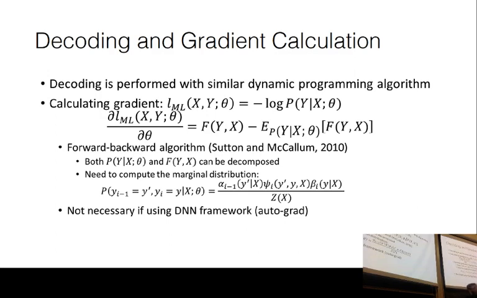Because we would have wanted this probability to be 1, right? The highest probability that a path can have is 1. If we always chose the correct path with probability 1, that's the best we could do.